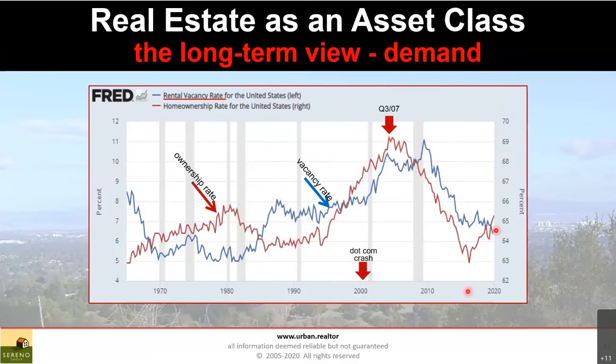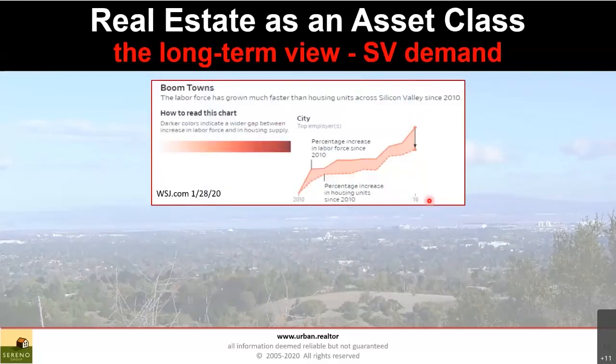So what we can see is that vacancy rate and ownership are basically tracking each other. And so the simple conclusion, as I mentioned earlier, is the more affordable it is, the less attractive it is to invest in those areas.